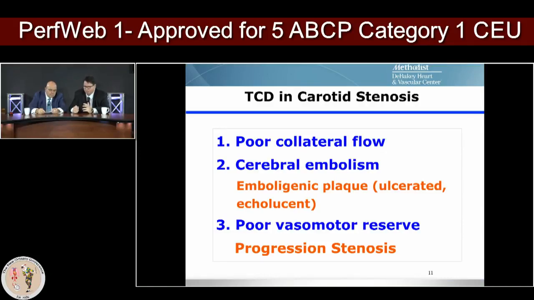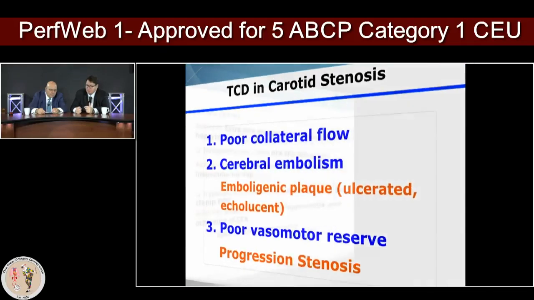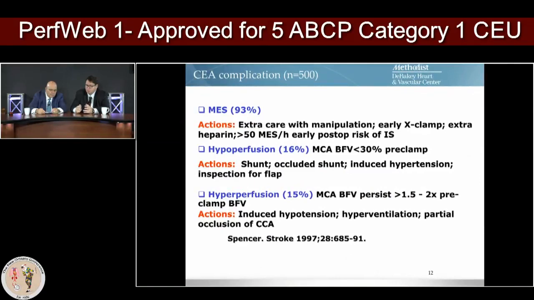So what we learned from the carotid surgeries, and again, we had data from the 90s, is that with TCD monitoring of the cerebral circulation, we can see the poor collaterals, we can see the embolization, but we can also check the vasomotor reactivity, and most important, how we describe the hypo and hyperperfusion.